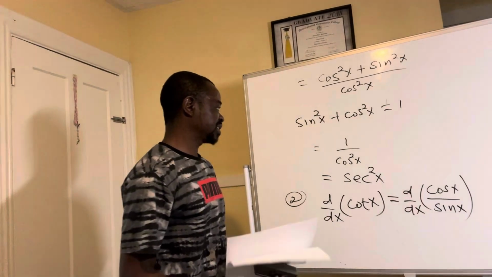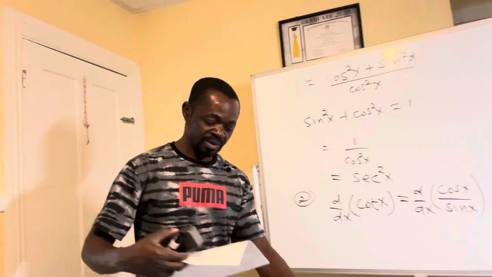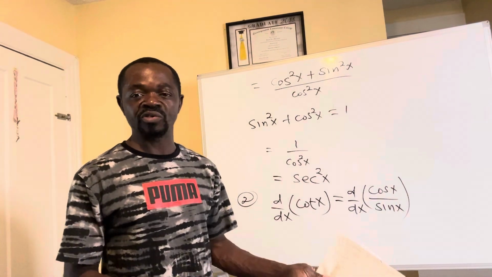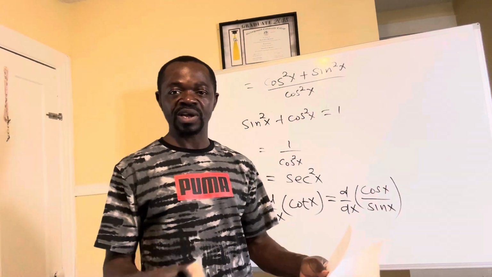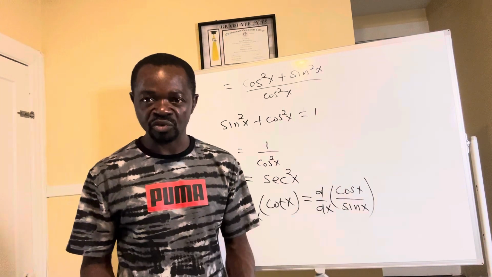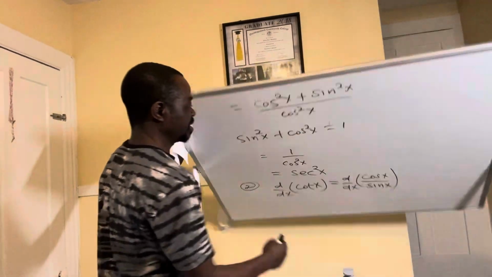So it is just the opposite of tan x. For tan you divide sine over cos, and for cot you divide cos by sine. You also take the derivative, and you use the same quotient rule to solve that. So let's move on.